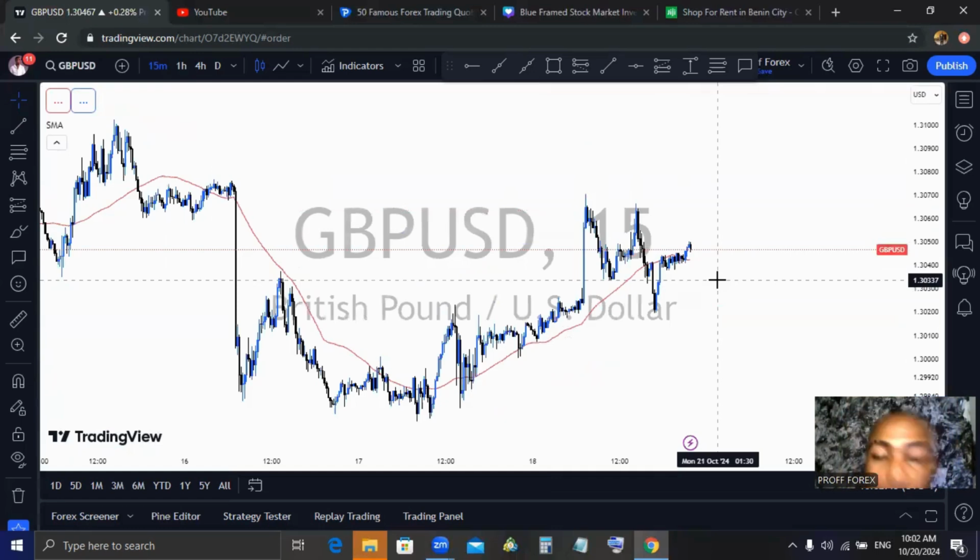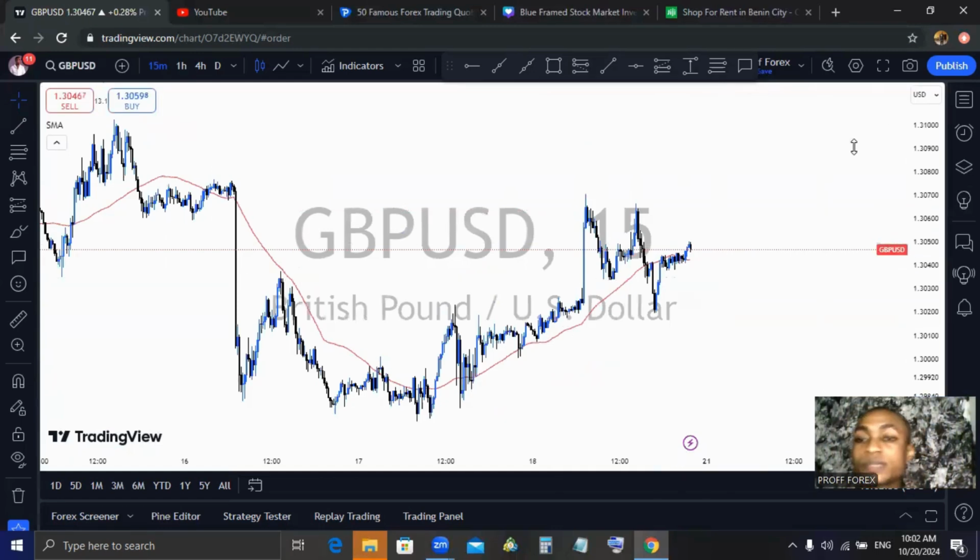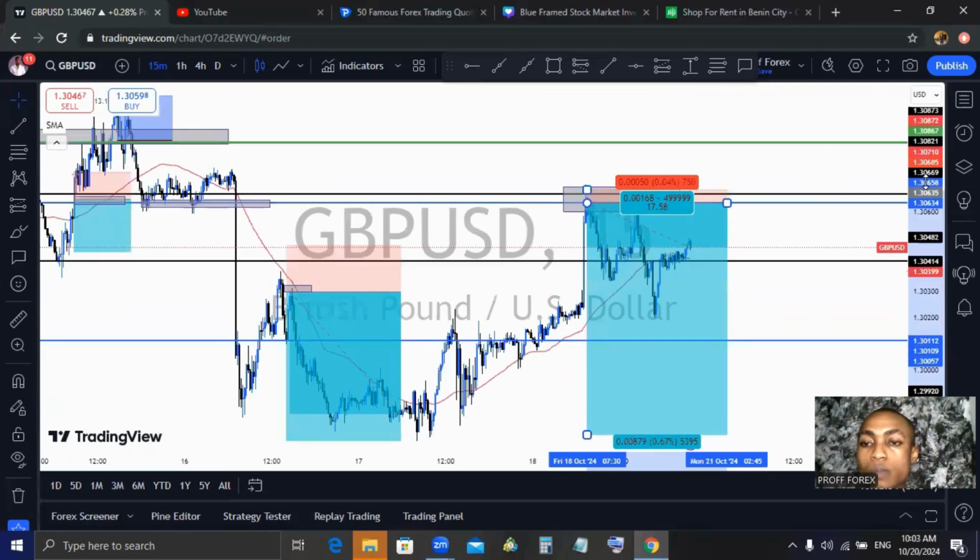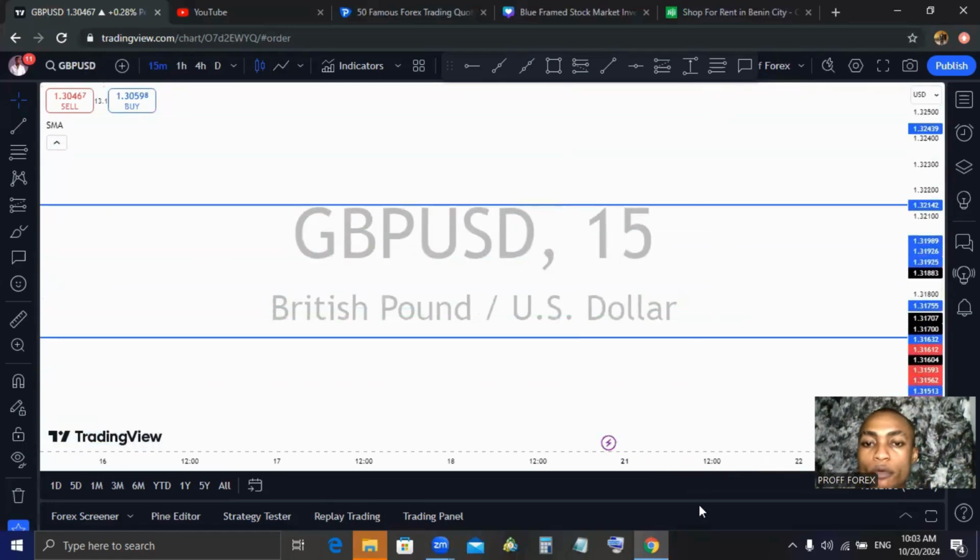We all know that when we talk about the GBP USD, what are we insinuating? Say for instance, I'm talking about GU. What am I insinuating?